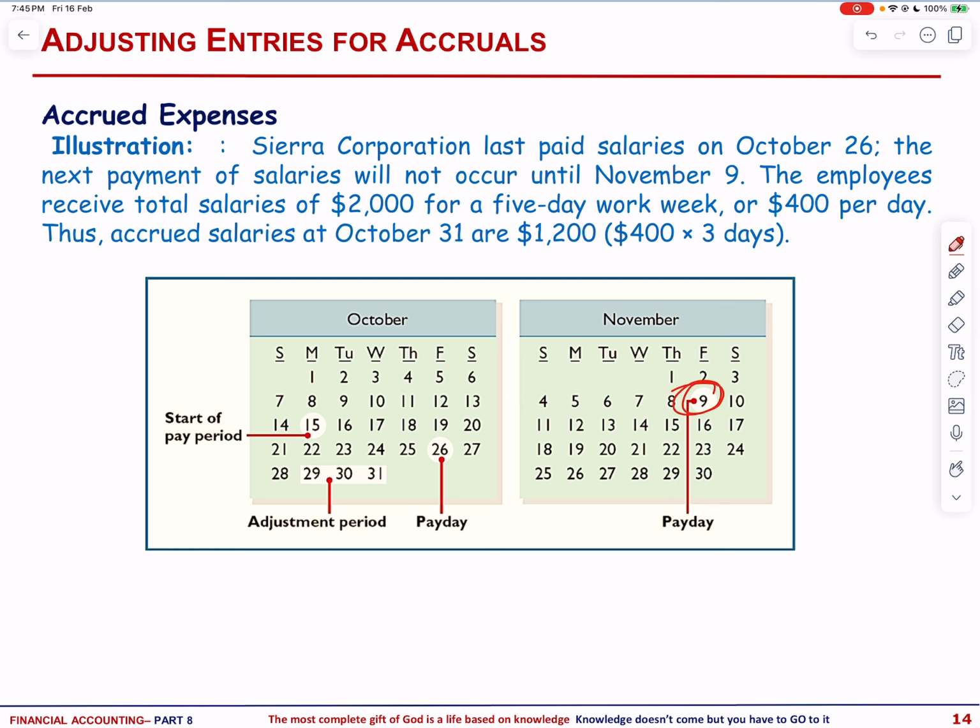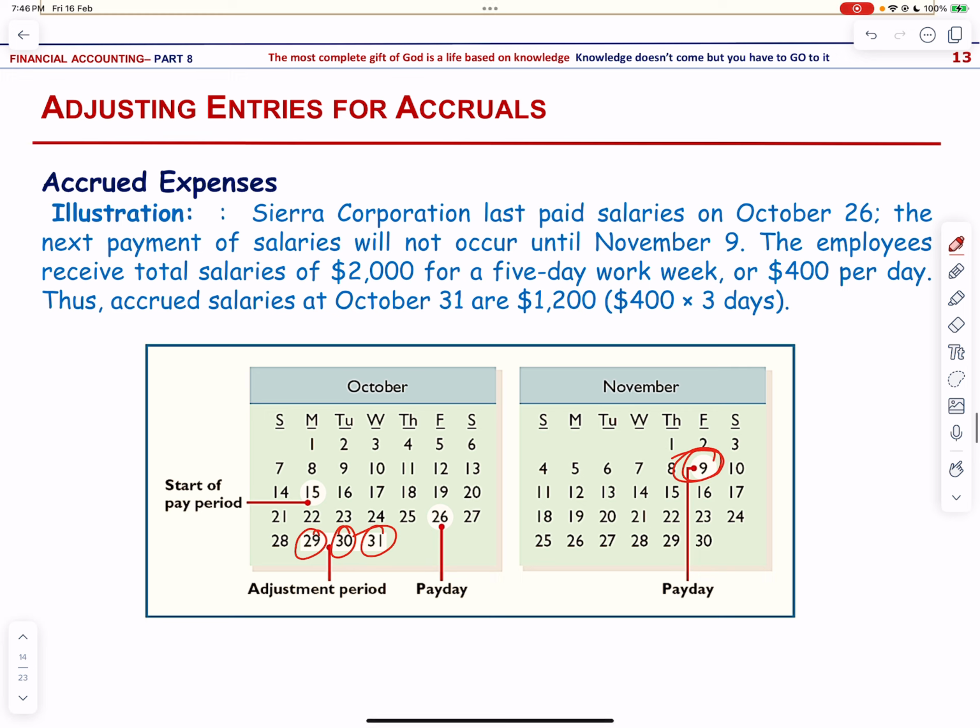In October, 3 working days remain: 1, 2, and 3. So the expense, as you can see over here, is 400 per day, and for 3 days, 400 times 3 will be equal to 1,200.